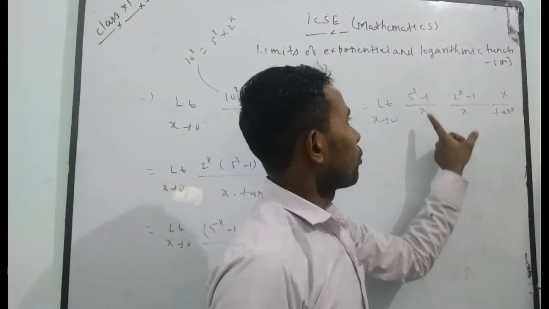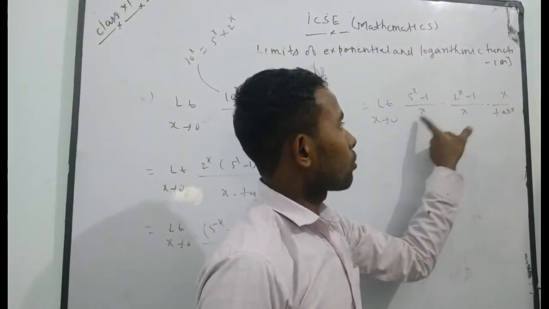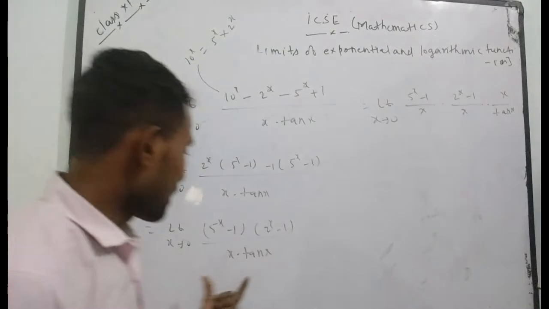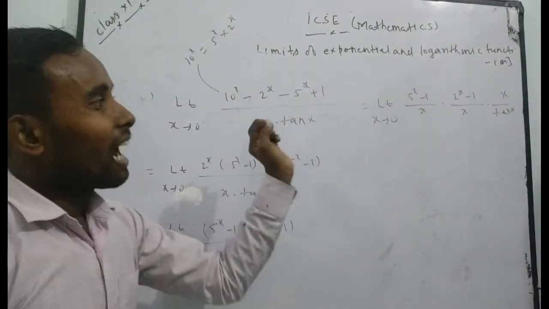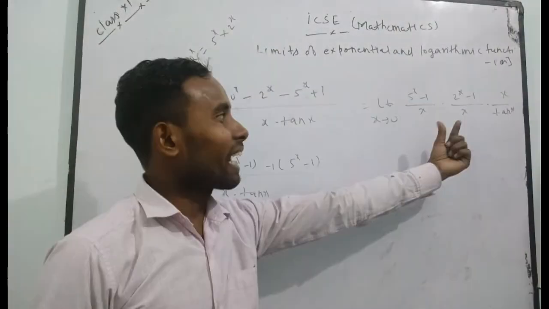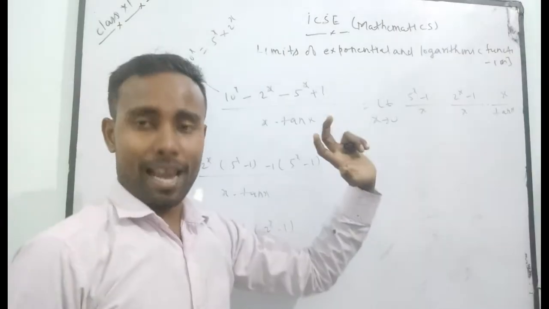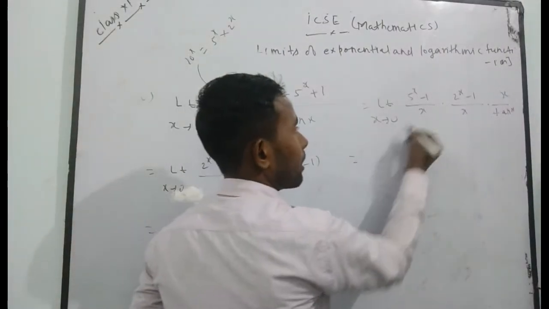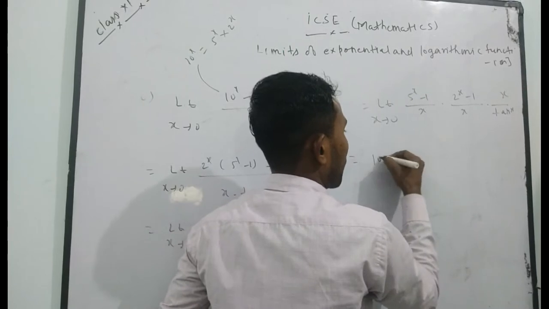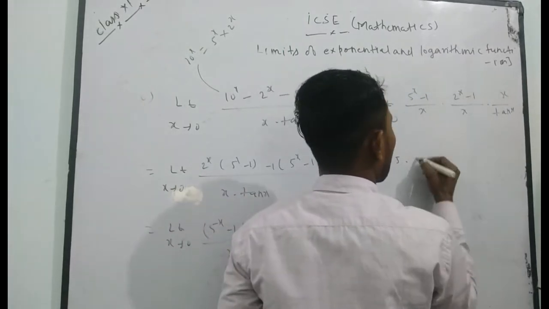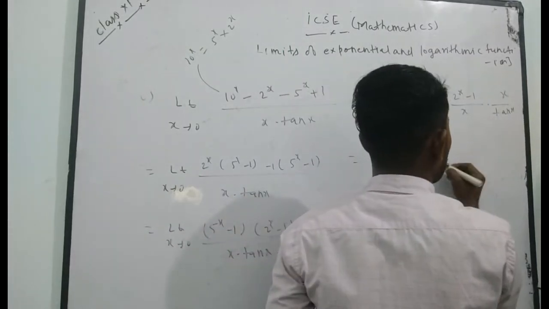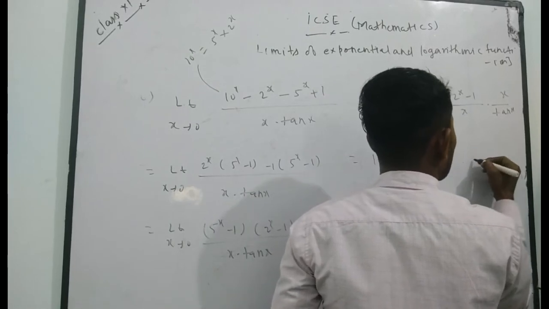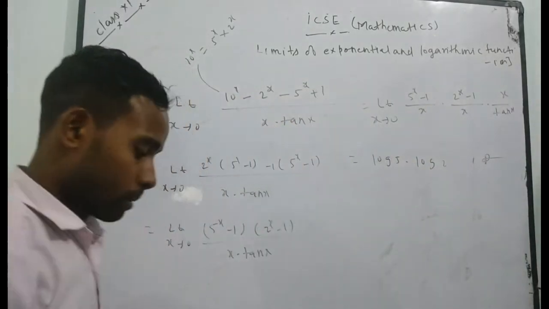The x vanishes and you get (5 to the power x minus 1) into (2 to the power x minus 1) divided by x into 10x. That is a similar condition, so I have only done some manipulation which balances it. Now, its value will be what? Log 5. Then log 2. And then 1. So its value will be this.